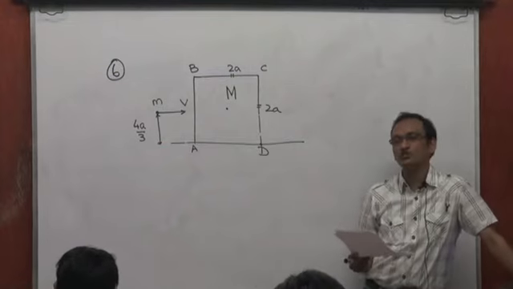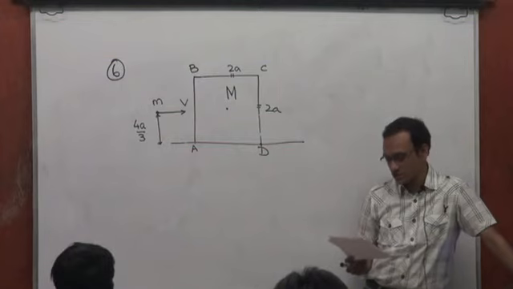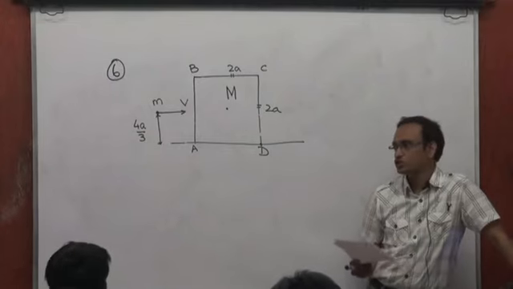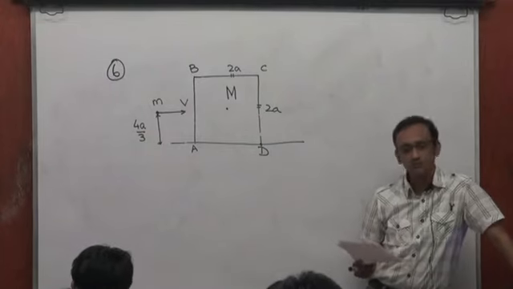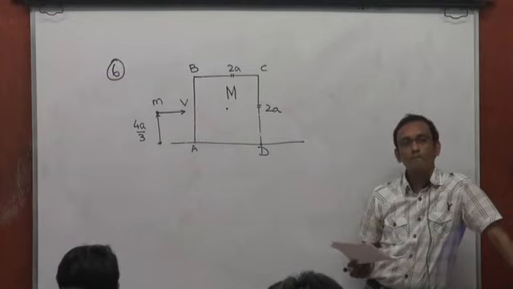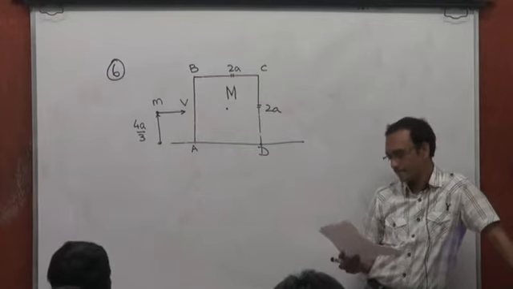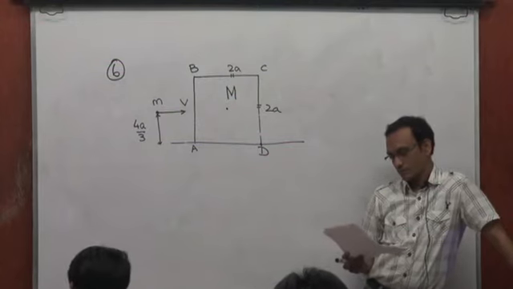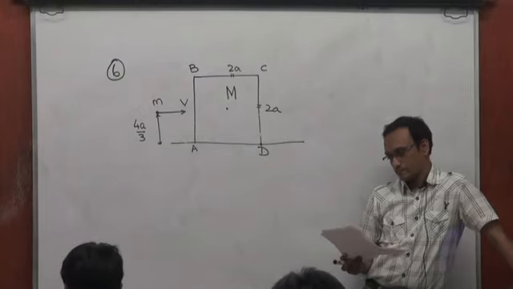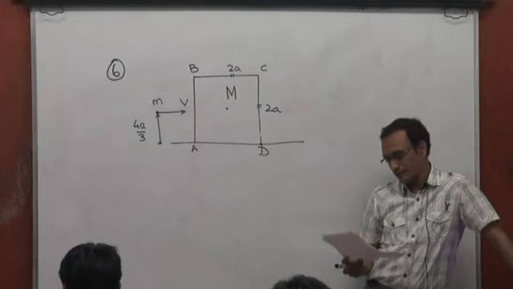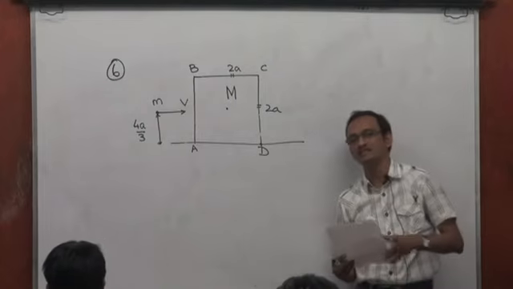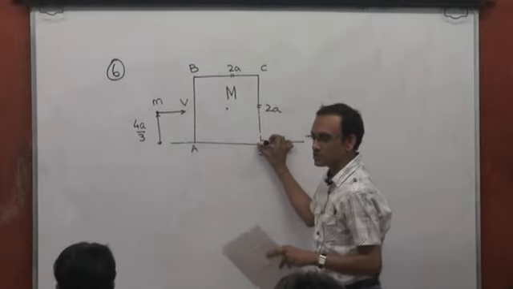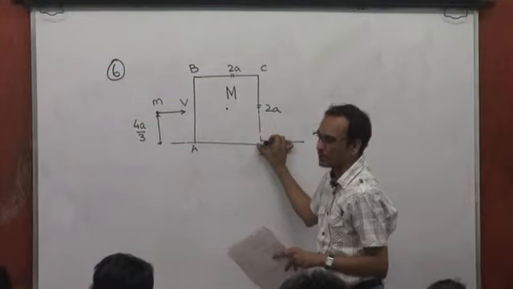The cube is constrained to rotate about an axis passing through D and perpendicular to the face ABCD. That means this is an axis passing through D and perpendicular to the plane of ABCD.